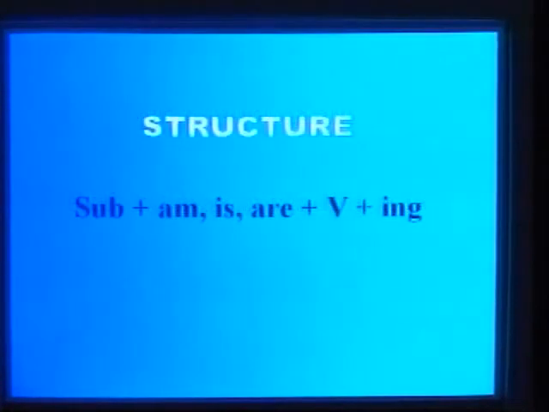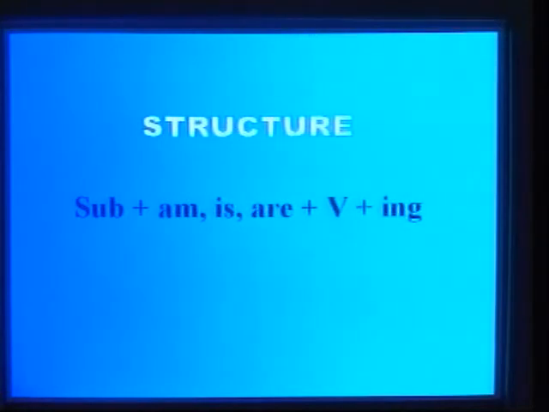So, you have observed the model sentences over there, what they were doing in the picture. They are with some structure. What is that structure? Along with the subject, we were using either am or is or are plus verb in the continuous form.